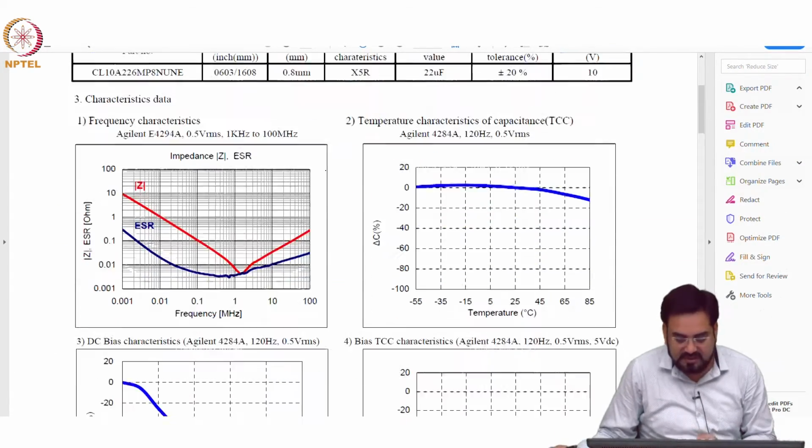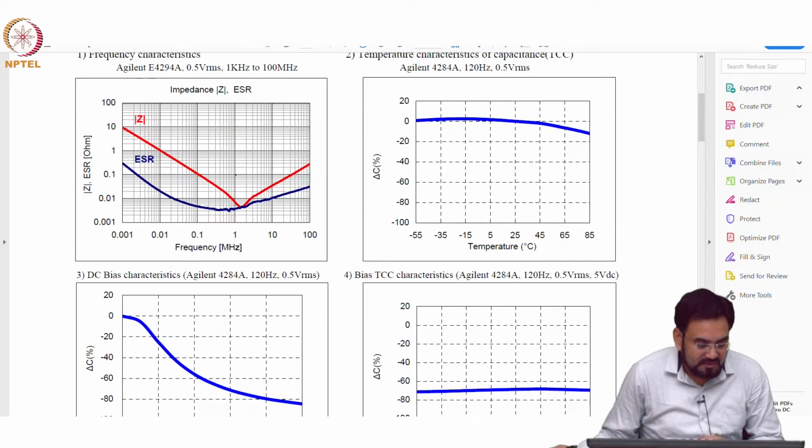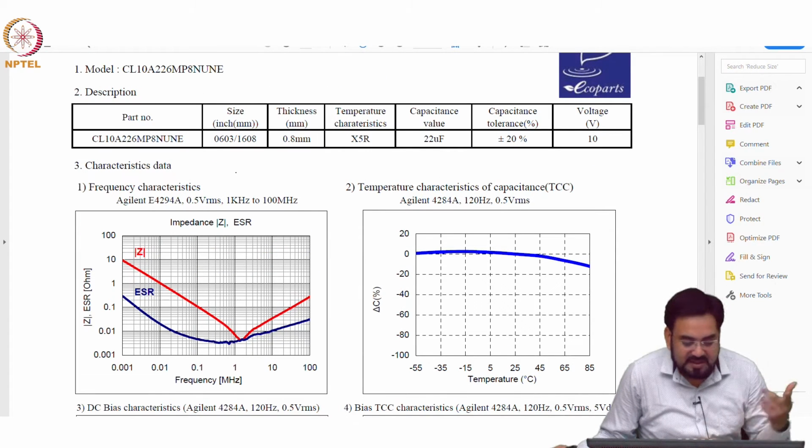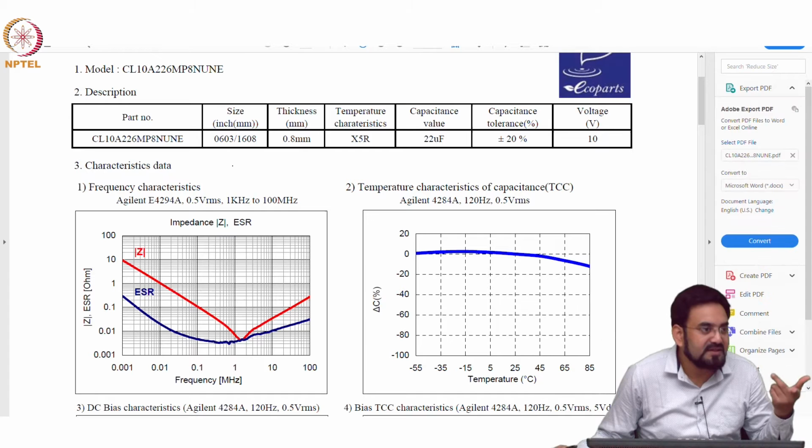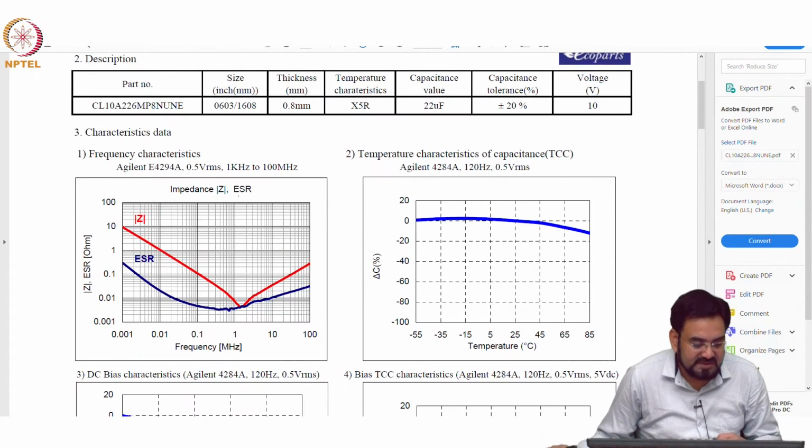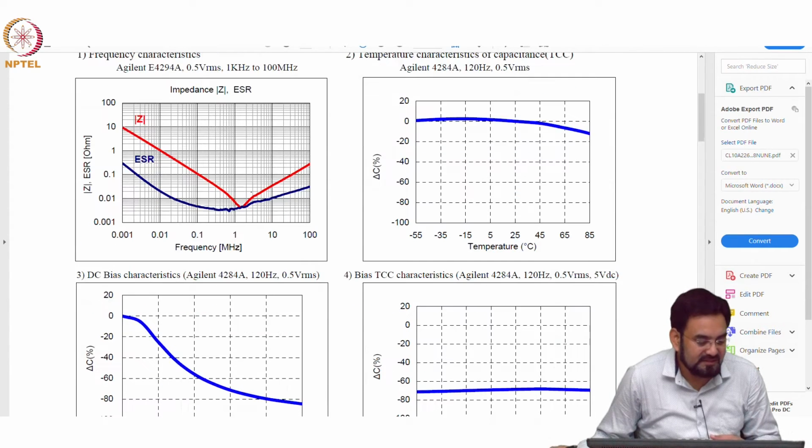So, let us see. Okay. First let us look at the capacitor. If you remember, I mentioned the voltage derating and your resonance. Resonance will happen if a capacitor has inductance. Just like the equivalent series resistance ESR, you have an ESL, equivalent series inductance.